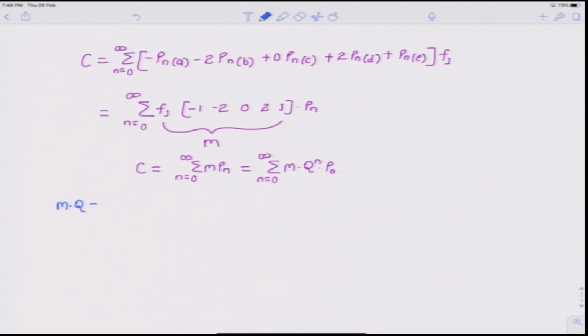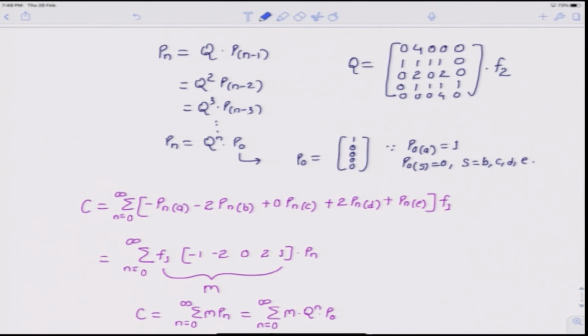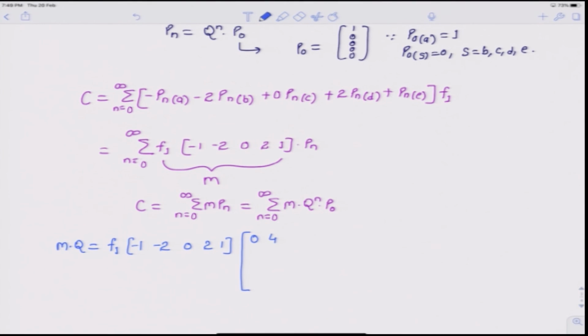So, let us first try to evaluate the value of M times q. We know M is equal to F1 times [-1 -2 0 2 1] and q is the matrix of entries 0 4 0 0 0, 0 4 0 0 0, 1 1 1 1 0, 0 2 0 2 0, 0 1 1 1 1, 0 0 0 4 0, times F2.